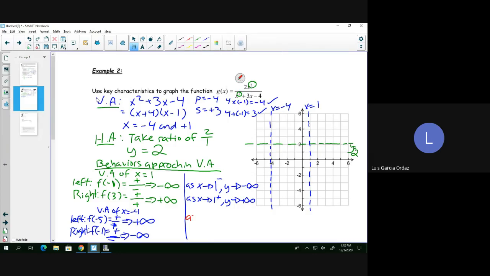So as x approaches -4 from the left, y approaches positive infinity. But as x approaches -4 from the right, y approaches negative infinity.